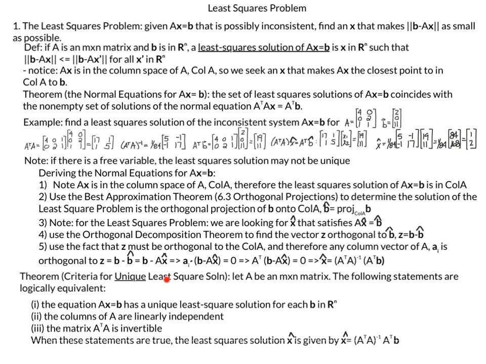It's the criteria for a unique least squares solution. The equation Ax equals b has a unique least squares solution for each b if and only if the columns of A are linearly independent, which is if and only if the matrix A transpose A is invertible. When these statements are true, the least squares solution x hat is given by x hat equals A transpose A inverse A transpose b, which is exactly from this normal equation.